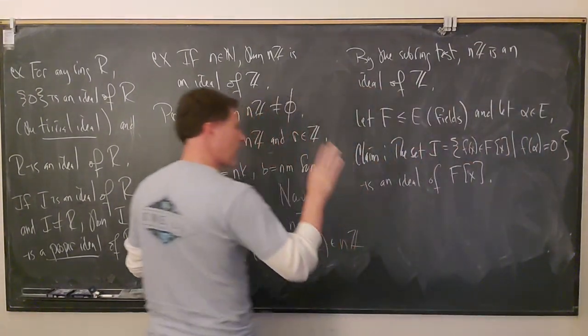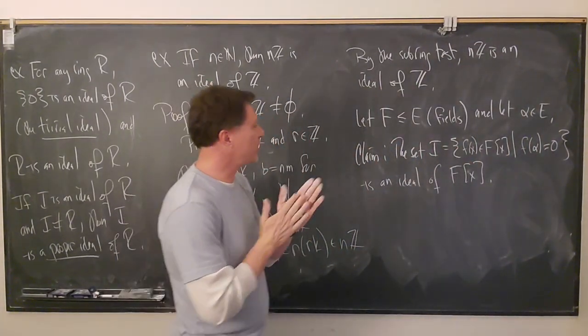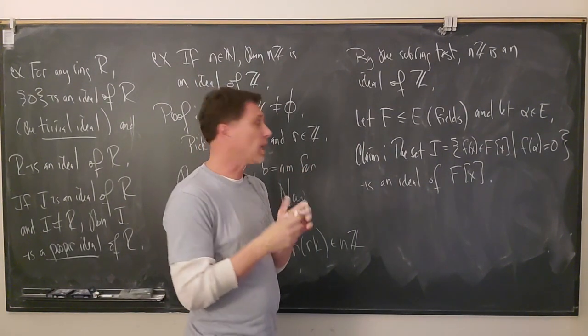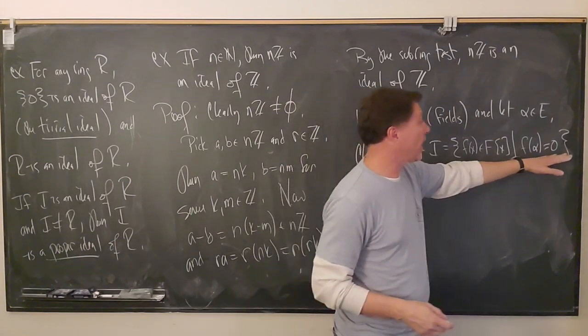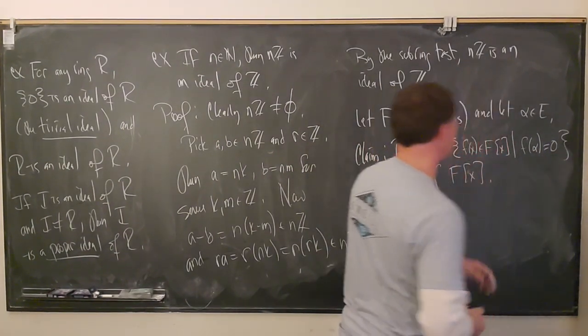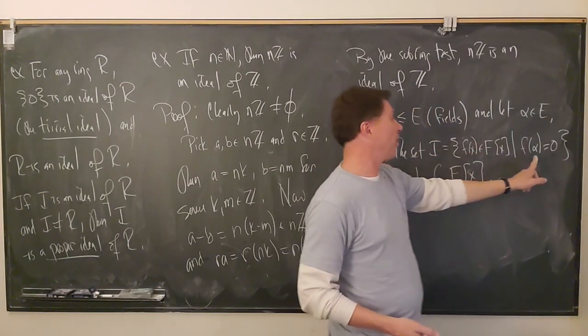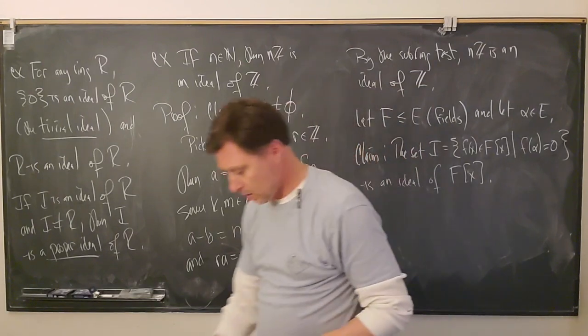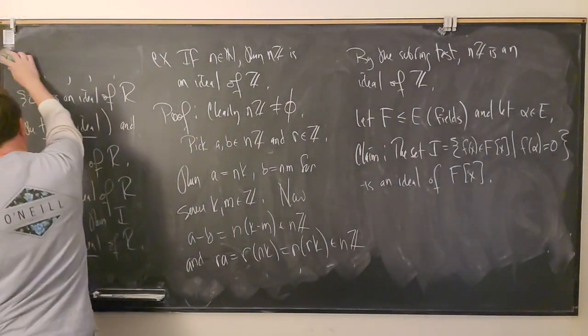And now you might see why we might be interested here, or where the connection comes from. Look at what we're doing. We're looking at roots of polynomials. And so the set of all polynomials that have this particular alpha as a 0 turns out to be an ideal. Let's go ahead and prove this.